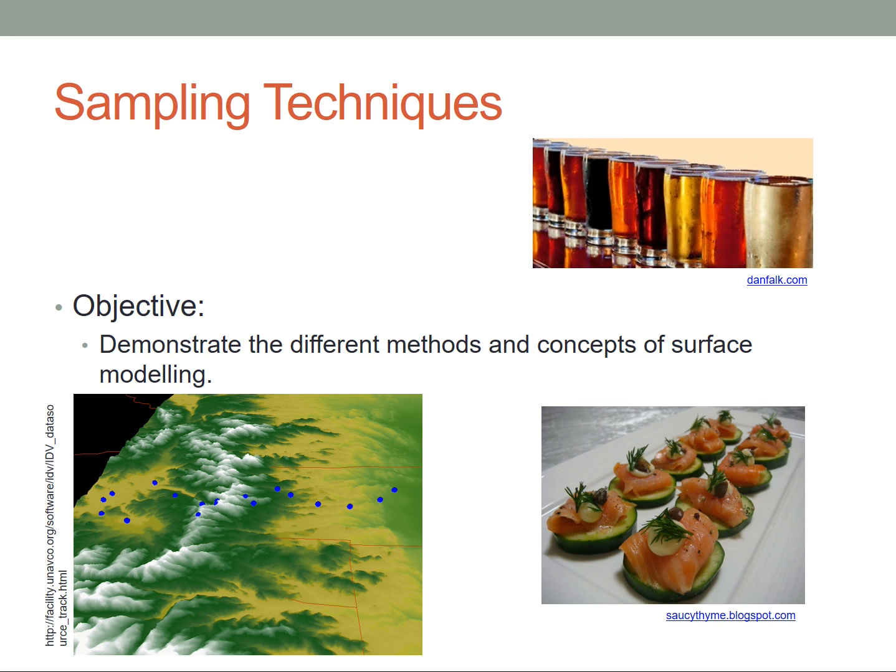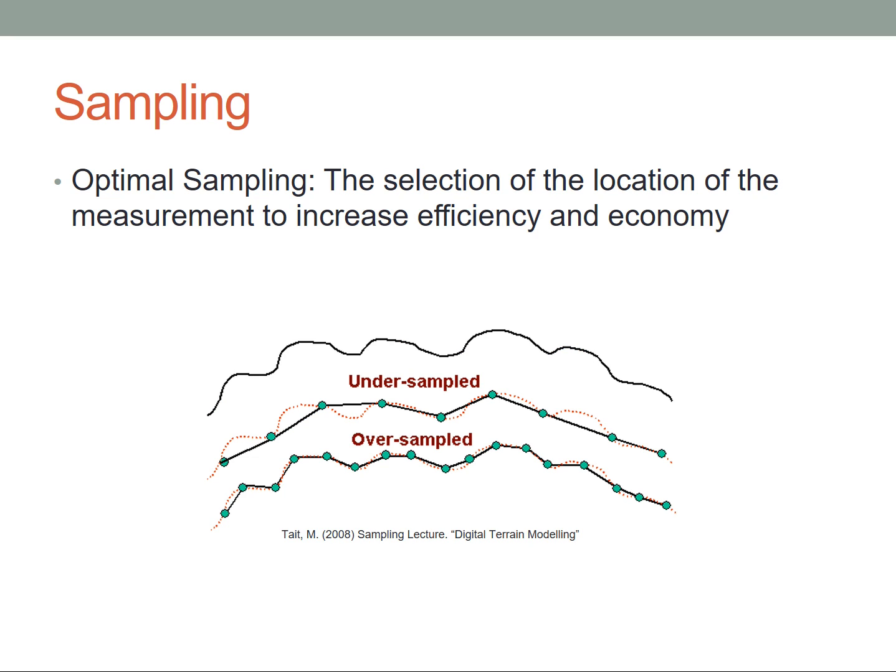With data points, it's the same idea. I may not need the entire thing to get the model that I need. How many points do I truly need in order to get the model that I'm creating? This is called optimal sampling. So how much is enough?